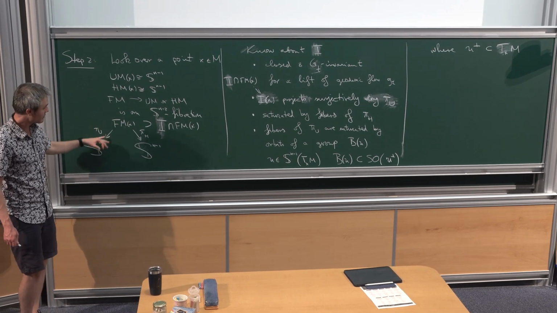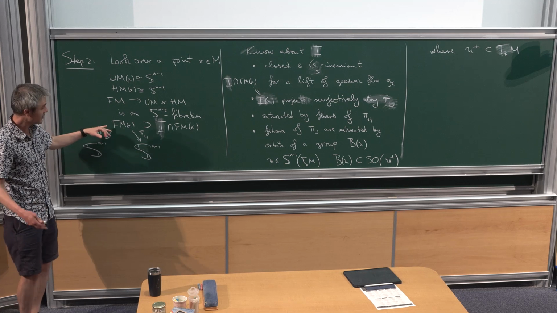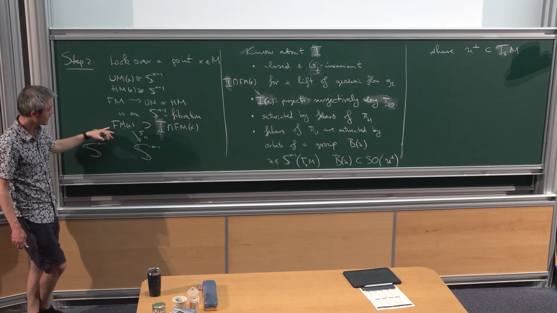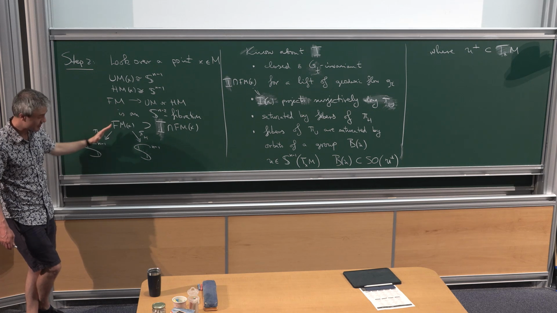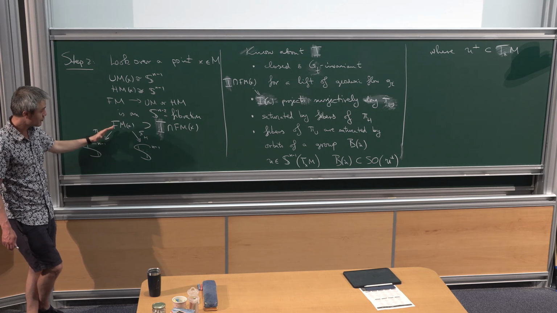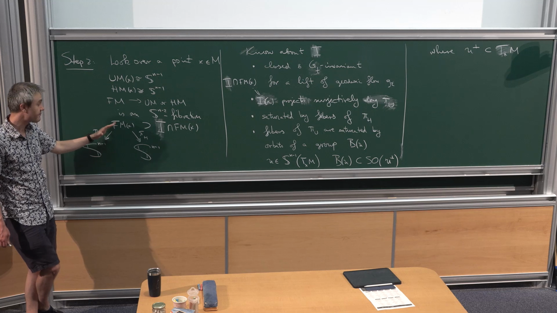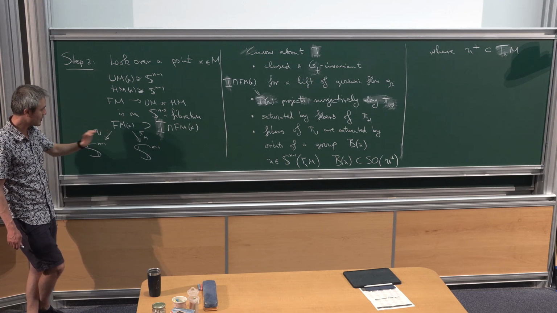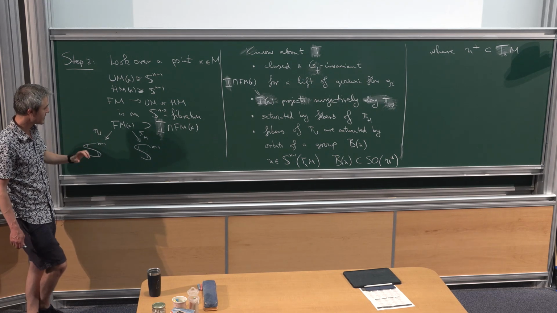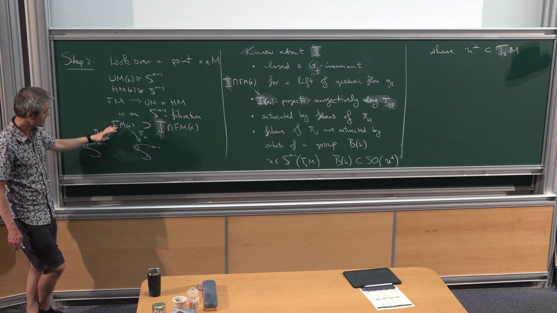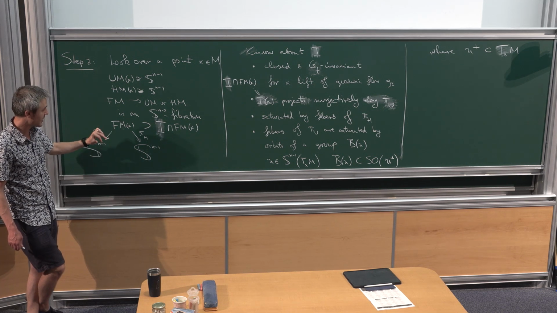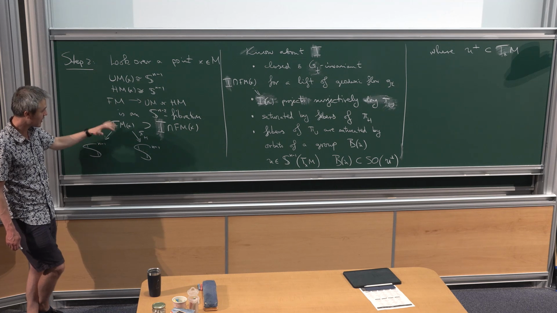In this direction, ideally we would like to know that it's saturated by the fibers as well. And if we knew that, we would be essentially done. But the only thing I'll try to explain now or next is that it is saturated by the orbit of a group, which is fairly large, but not quite the full group.